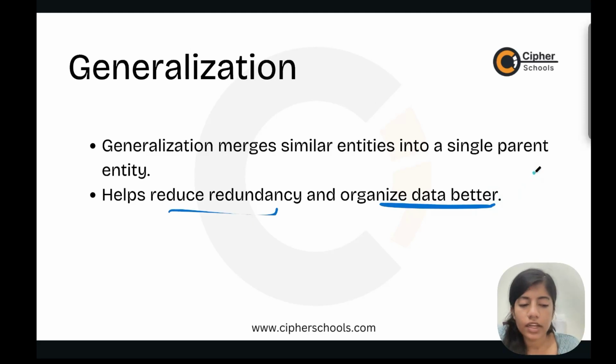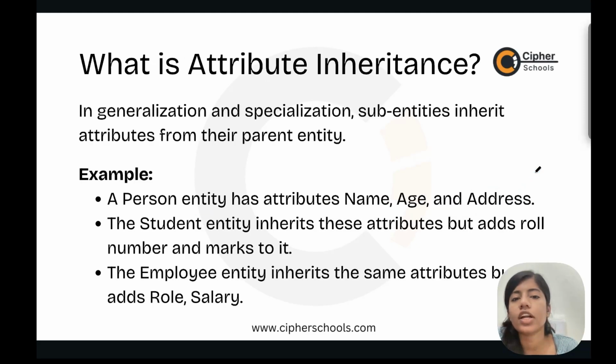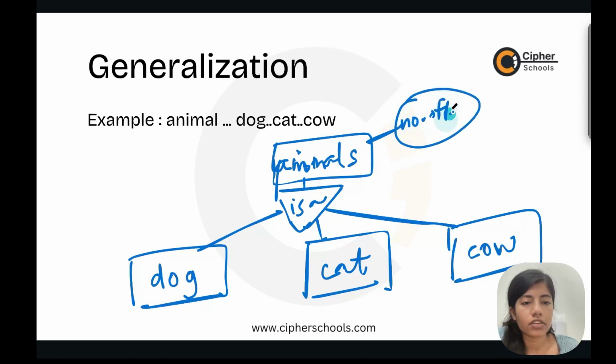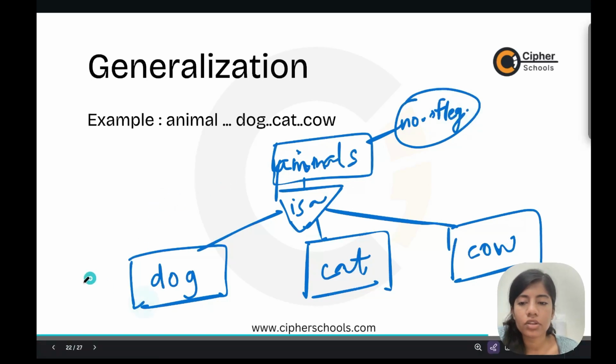So let's move ahead and understand what attribute inheritance is. Now, in the same example here, if dog has some attribute and animal has some attribute, let's say animal has an attribute like number of legs, and dog has some special attribute like breed.